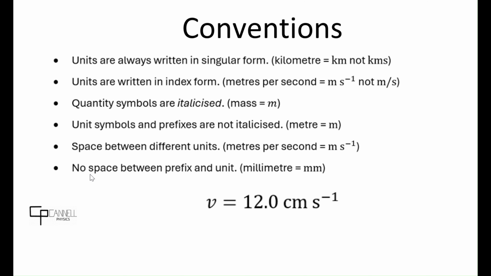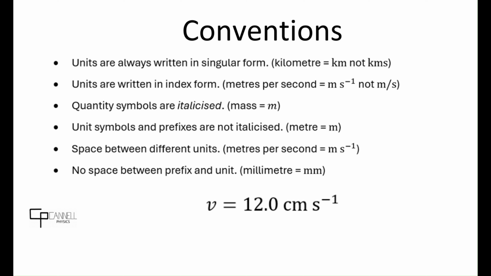And on the contrary, we don't have a space between a prefix and a unit. So if you've got the milli and the meter to make millimeter, that's a prefix next to a unit, so there is no space there. And of course, neither of them are italicized because that's a prefix and a unit.